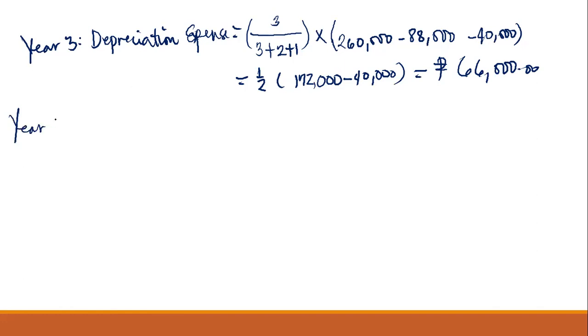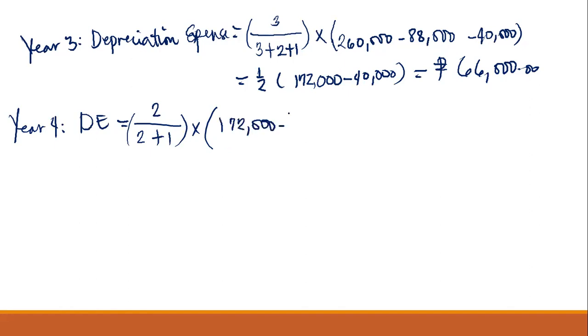We're now in year 4. Let's shorten depreciation expense to DE. So only 2 years remain: 2 over 2 plus 1, times 172,000 minus the 66,000 from the third year, minus the scrap value of 40,000.